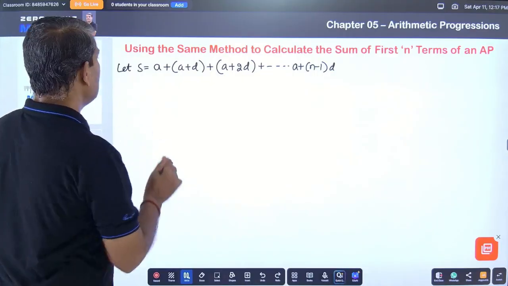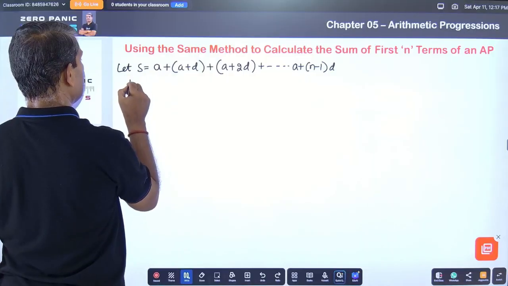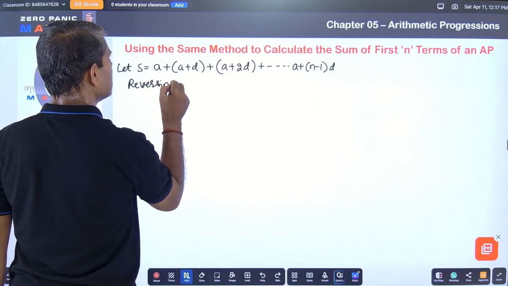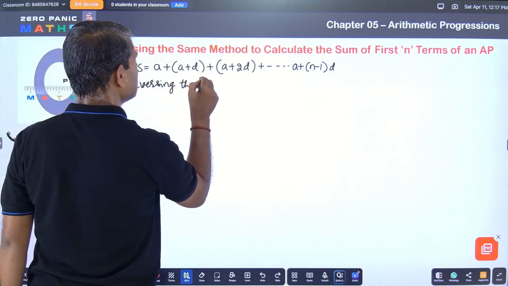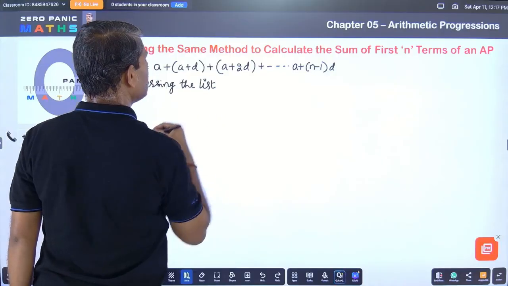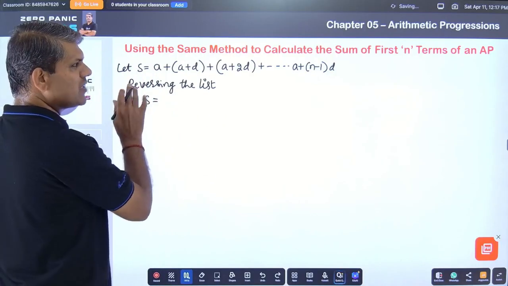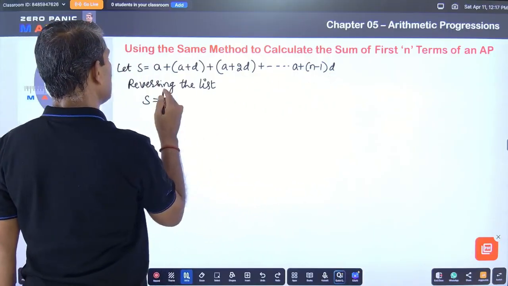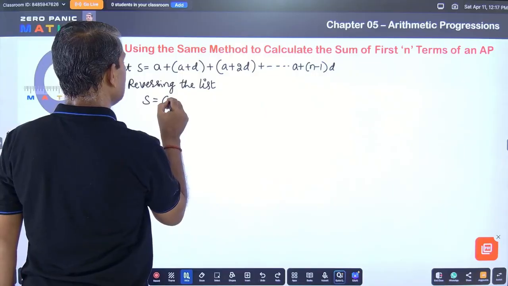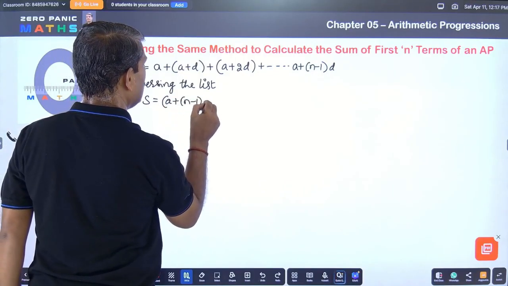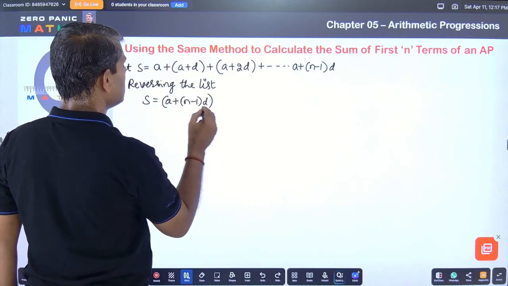You understood this? Now the next step is reversing the series, reversing the list. What happens is S remains as S only, and a plus n minus 1 into d comes in the beginning. This is the first term.